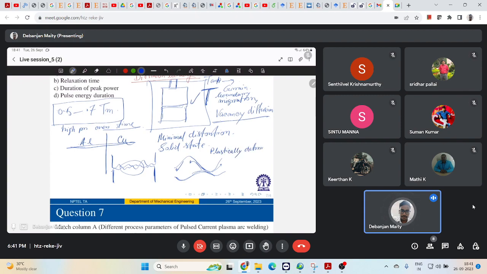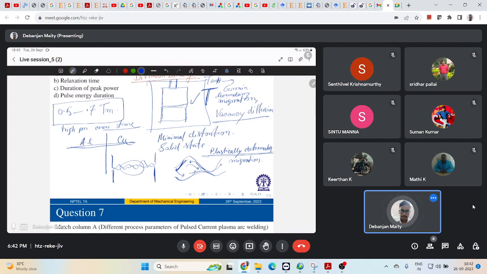Because of plastic deformation, there will be migration of these boundaries. Basically, the metal atoms are going into each other and filling up those spaces.